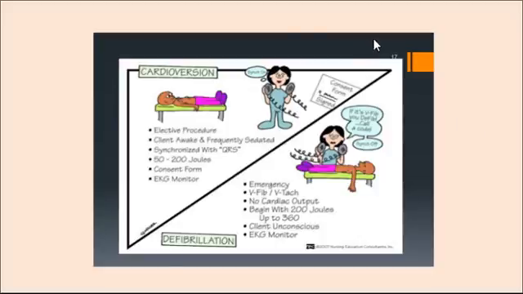It's at a lower joules than shocking them. They start at 1 and slowly go up as they're trying to convert them. They are going to sedate them, what they call a conscious sedation, because this does not feel good and it's scary because they're going to shock the heart. It is a procedure that requires a consent. They're monitored throughout the procedure.